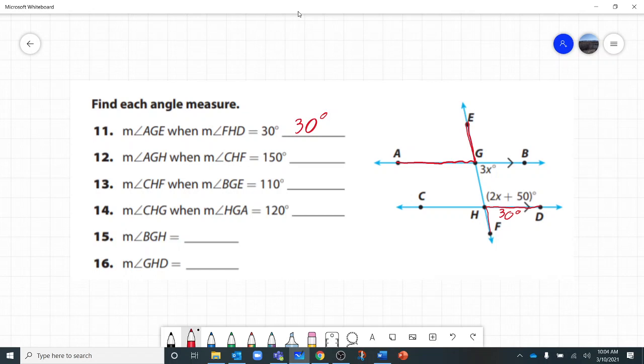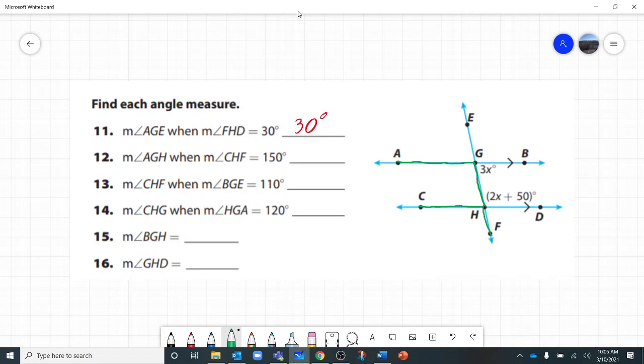I'm going to go ahead and erase that first one just because I don't want to get distracted. AGH, let's see, AGH is this angle up here. CHF, that's this angle right here.